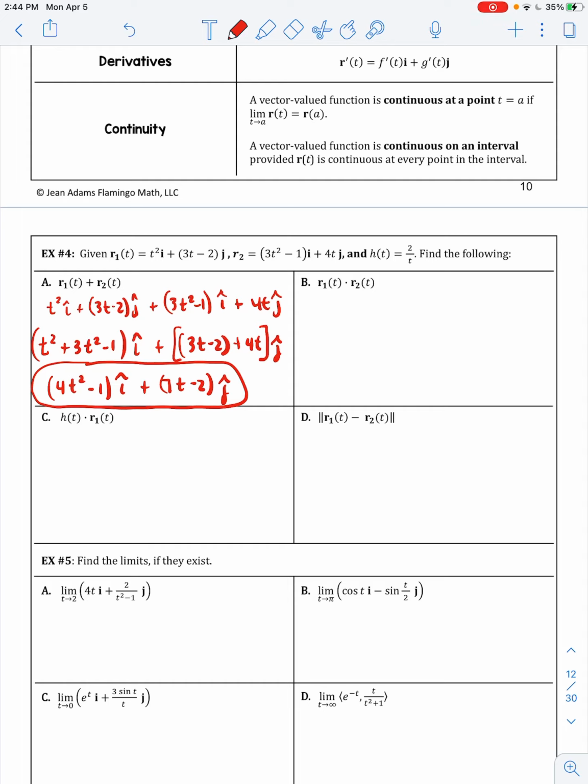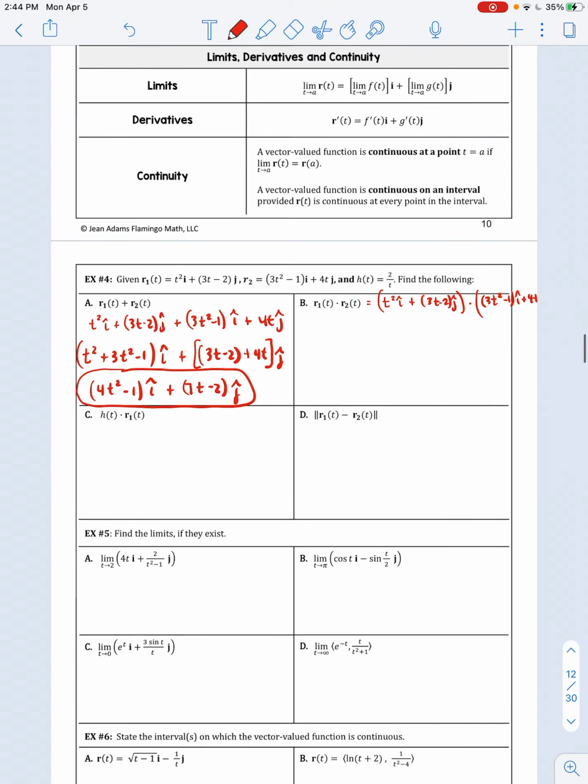For this one, it's going to be equivalent to, I've got my t squared i plus 3t minus 2 j, and then the dot product of 3t squared minus 1 i plus 4t, sorry, I'm running out of space here, j.